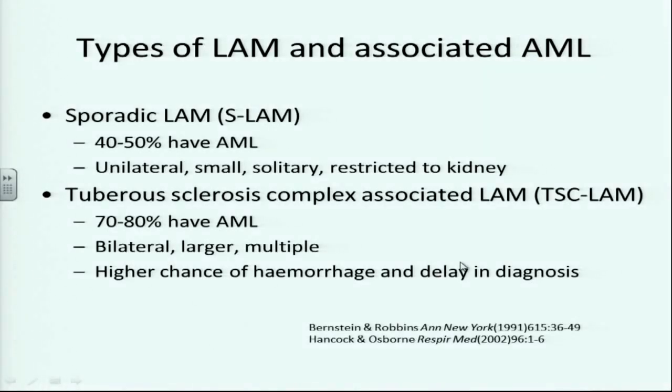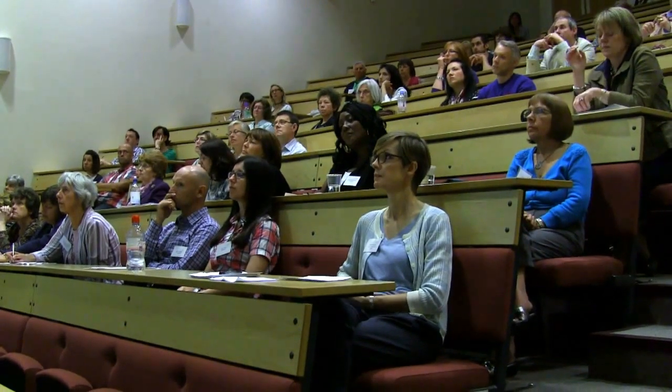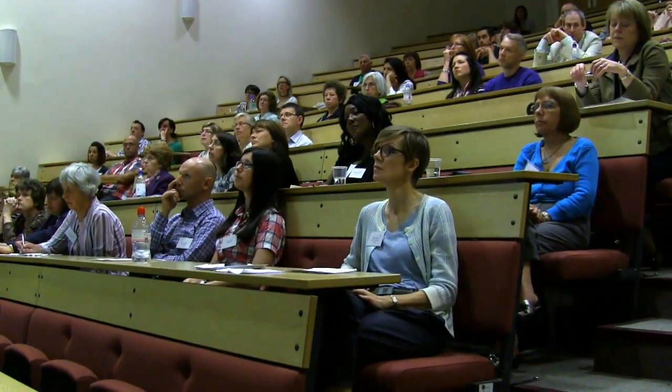In sporadic LAM, if there is an AML, it's usually single, it's usually on one side, i.e. affecting one kidney, it's often small, and it's often restricted to the kidney, so the bottom left picture as opposed to the top right picture, which was really protruding out. Whereas things are different in TSC LAM.